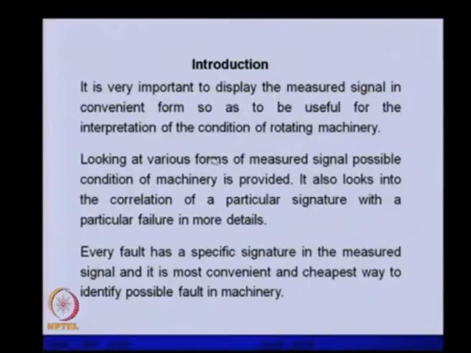Looking at various forms of the measured signal, the possible condition of the machine is provided. It also looks into the correlation of a particular vibration signature with a particular failure in more detail. Every fault has a specific signature in the measured signal, and it is the most convenient and cheapest way to identify possible faults in machinery.